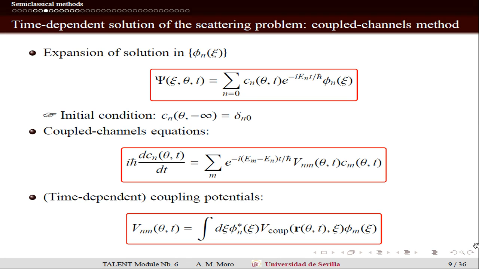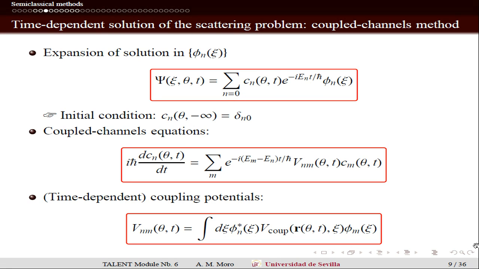Let's do it this way. So our initial condition that we have written before: if we agree that n equals 0 corresponds to the ground state, then in this expansion we have the internal state of the projectile, and we assume that at minus infinity the system is in the ground state. This means that only one of these coefficients is different from 0. So our initial state is not t equals 0; t equals 0 is defined here as the turning point.